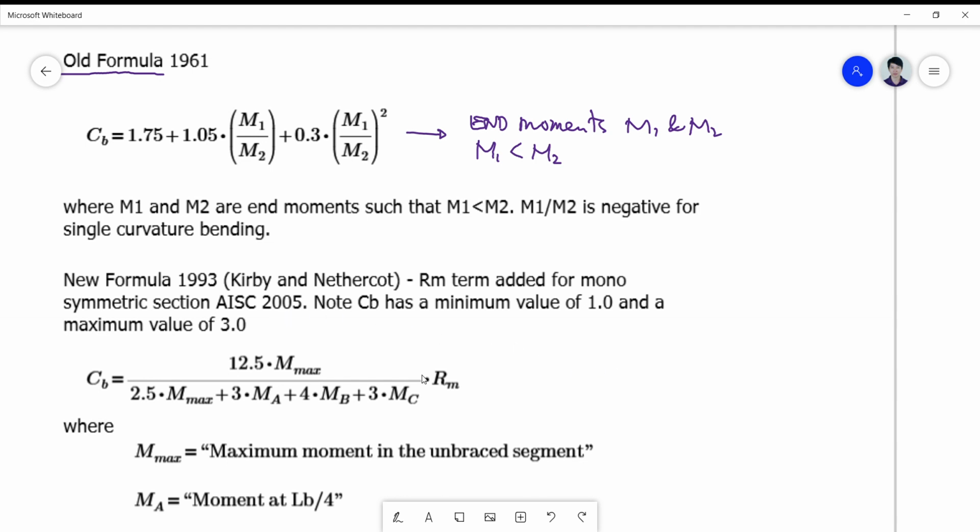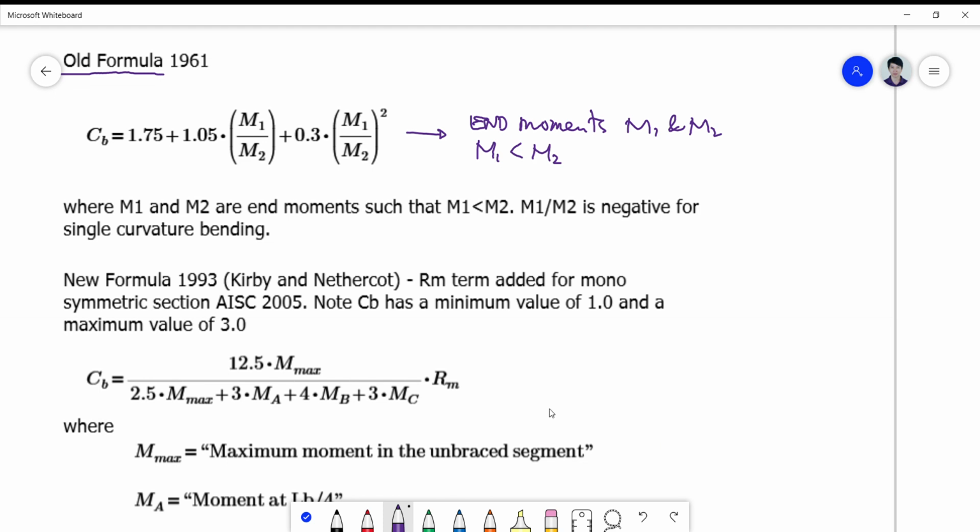Rm accounts for the monosymmetric sectional condition, which is normally taken as 1 for doubly symmetric shapes and single symmetric shapes with single curvature.